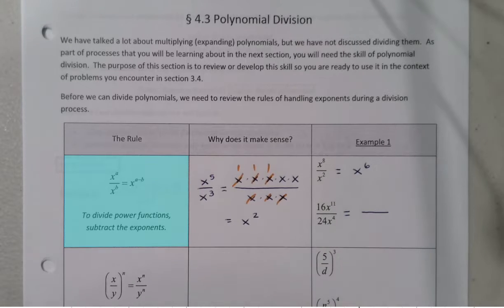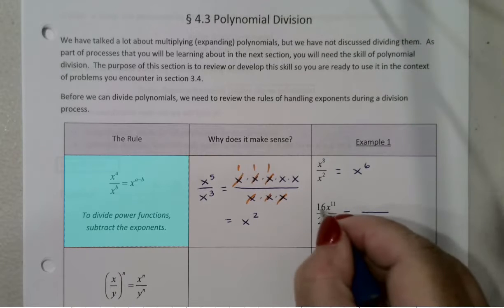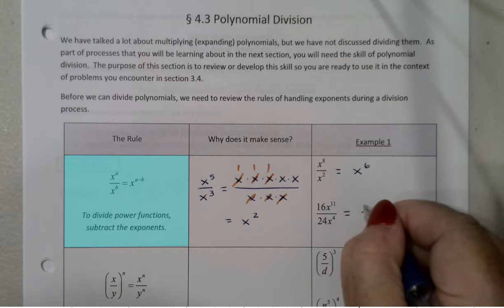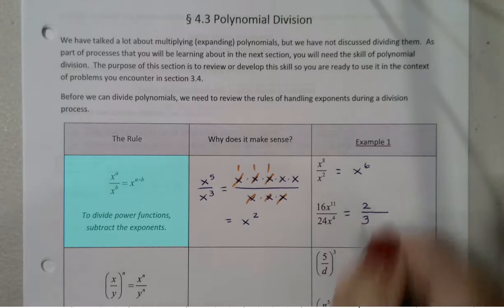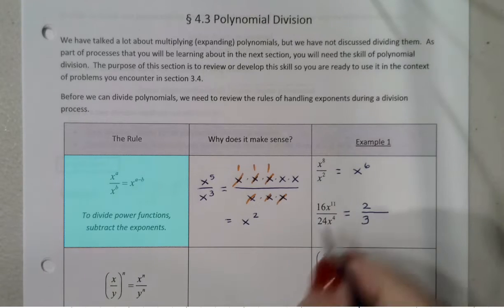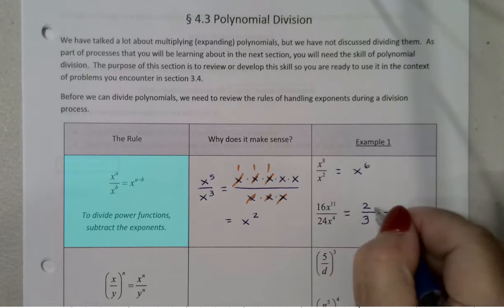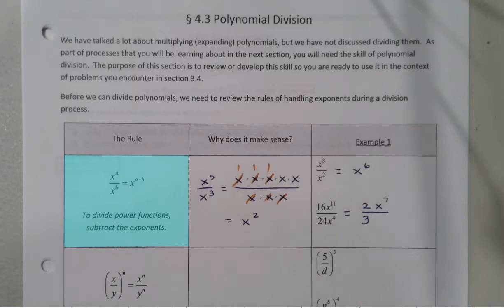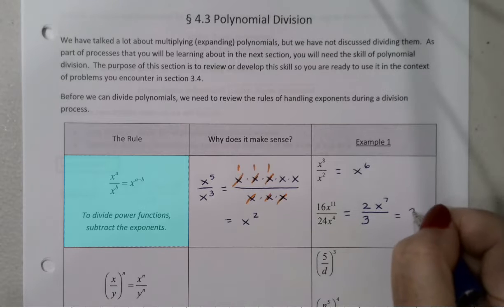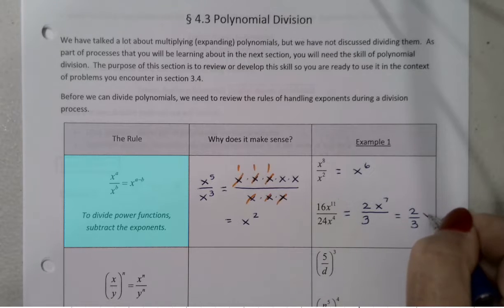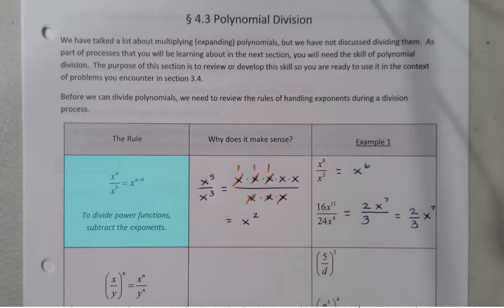So with my coefficients, 16 divided by 24, I could divide 8 out of both of those, so I'll reduce that to 2/3. And then I'm going to subtract my exponents to get x to the 7th. By the way, it's also possible to write this as a traditional coefficient, like 2/3 multiplied by x to the 7th. Both of those mean the exact same thing.